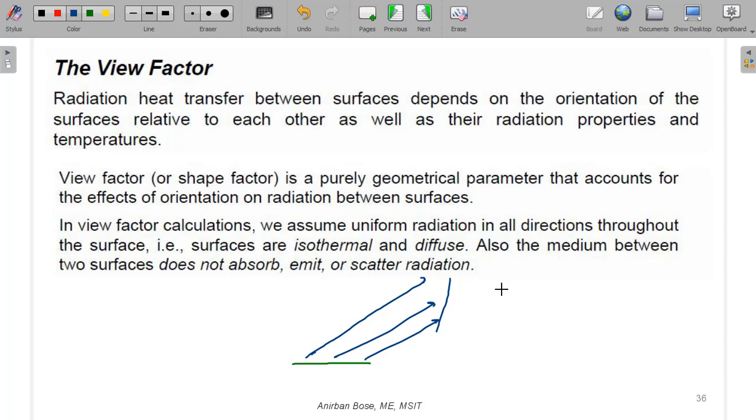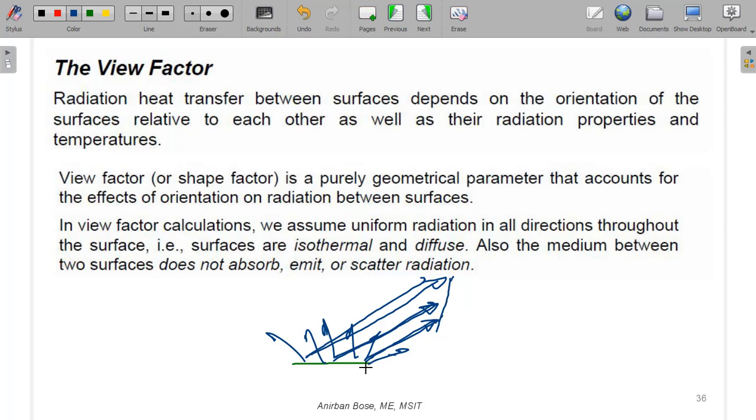So view factor is something which is defined as a ratio. It is defined as the ratio of how much thermal energy in watt is going to strike the surface divided by the total amount of energy radiated from this surface. So this is the idea of the view factor of 1 to 2.